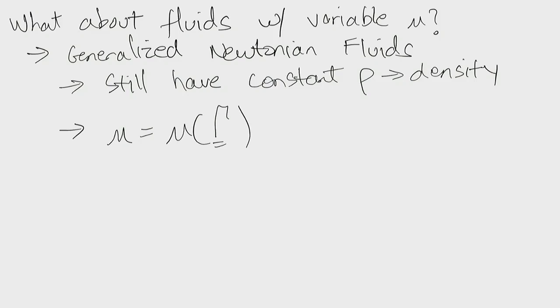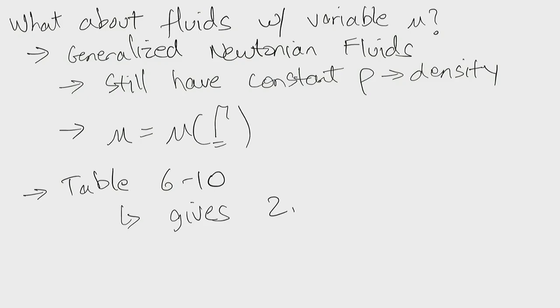And what we have is table 6.10 in the text. It gives you what the rate of strain tensor is in terms of the velocity field. So it gives you the value for 2 times the rate of strain tensor squared.